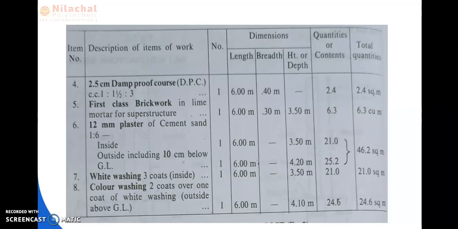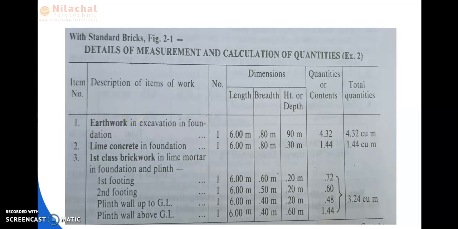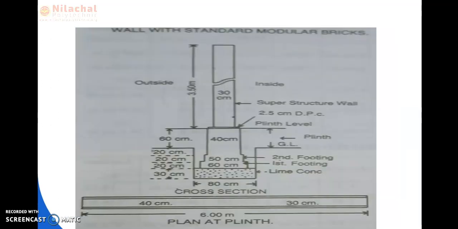To define the surface of a vertical structure, we go through length into height. Then we define the height. We consider the height of the foundation from 10 centimeter below the ground level.